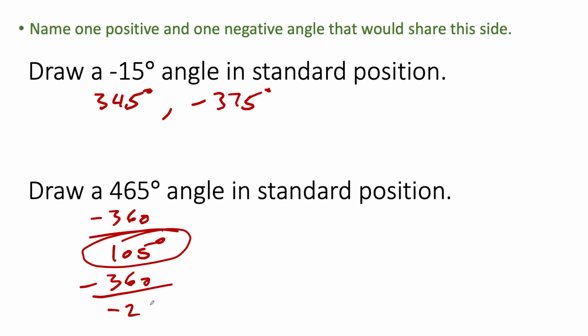Negative 255? Something like that? Is that right? I better check my math there. 105 minus 360. Oh my gosh, 105 minus 360. Oh, I got it. Even when I think I'm wrong, I'm right. Okay.